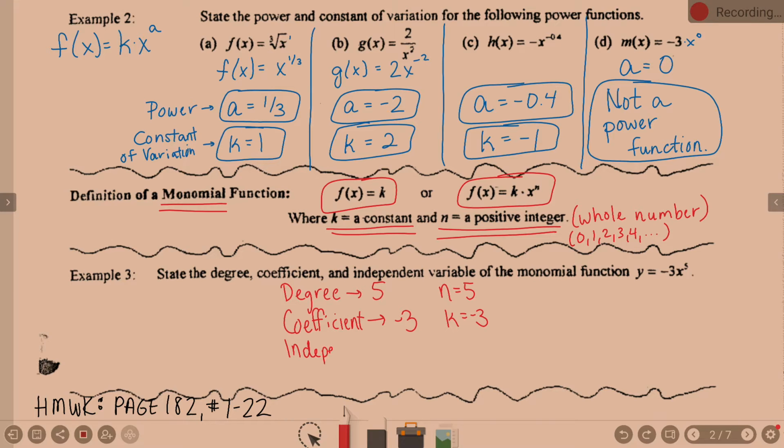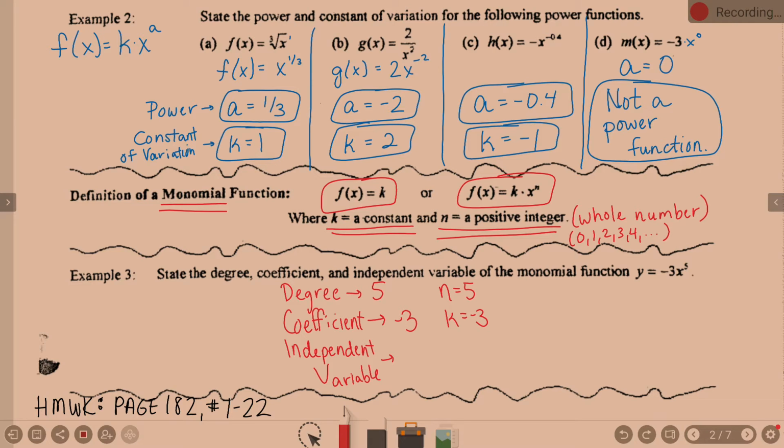And then independent variable. What's my independent variable? What's my input? That's going to be the x.